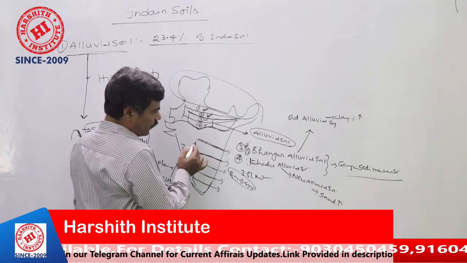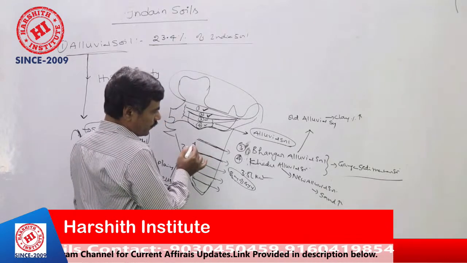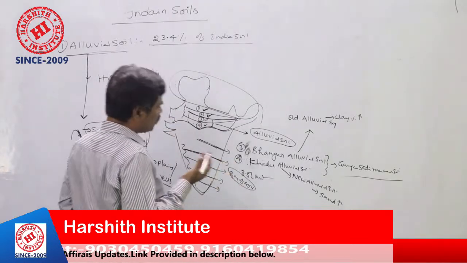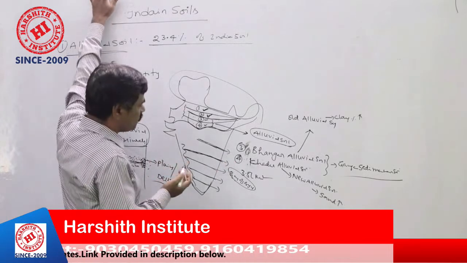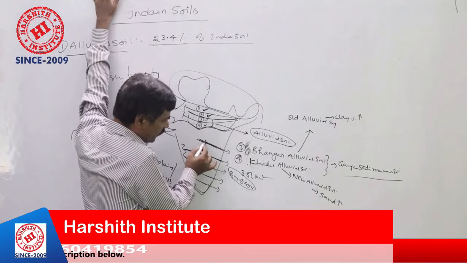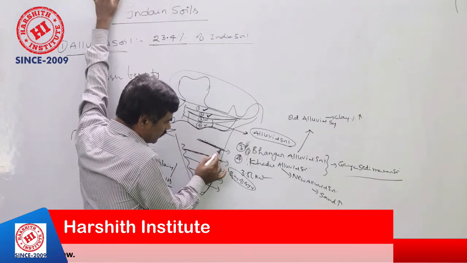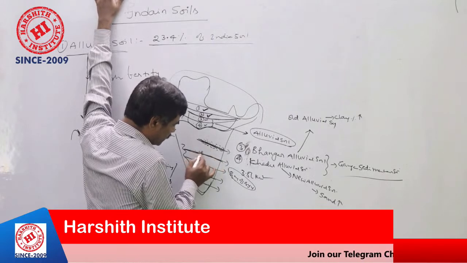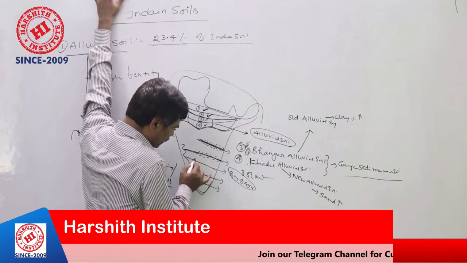When the river becomes very slow, at the places where its speed decreases, the rivers deposit alluvial soil on both sides.